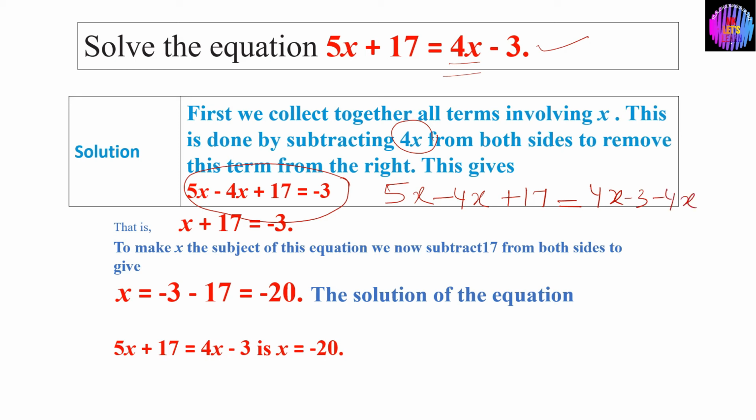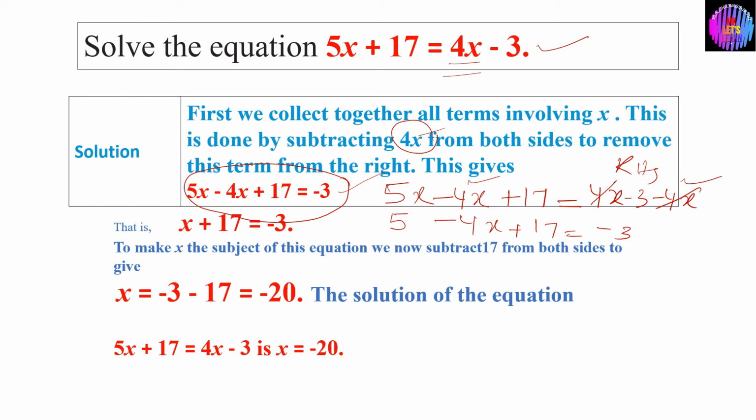We did that by subtracting 4x from both sides to remove the 4x term. This gives this equation. In the left hand side, 5x minus 4x plus 17 is equal to, in the right hand side, 4x and minus 4x will be cancelled and minus 3 will remain. So this gives 5x minus 4x plus 17 is equal to minus 3.